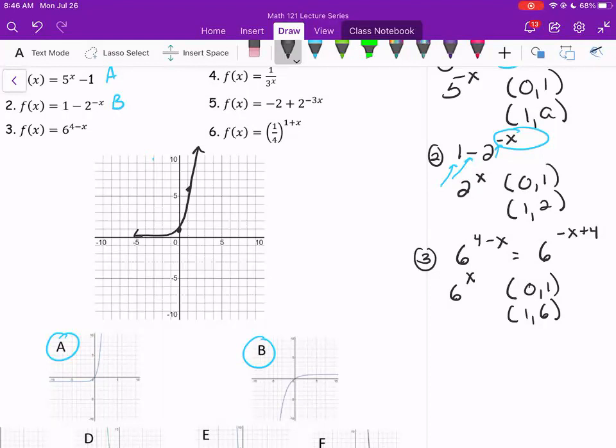We can then look at our shifts. The plus 4 is going to shift us left 4. So this point moves over 1, 2, 3, 4, and this point moves over 1, 2, 3, 4, giving us something more like this. We can then see that our negative x is going to cause a y-axis reflection.